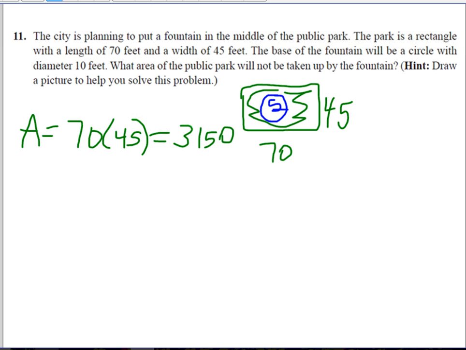And we need to take away from it the area of the fountain. The area of our circle is pi r squared. So we have 3.14 times our 5 squared. Again, make sure you're plugging in the radius, not the diameter. And that gives us an area of 78.50.